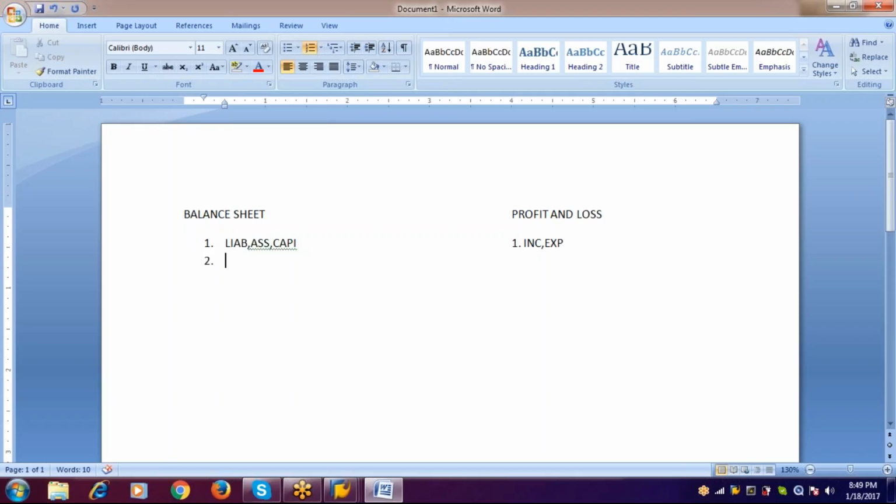And the second thing, only balances in local currency.